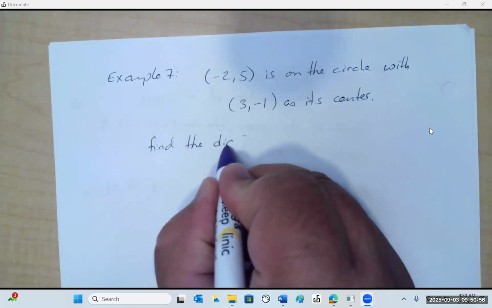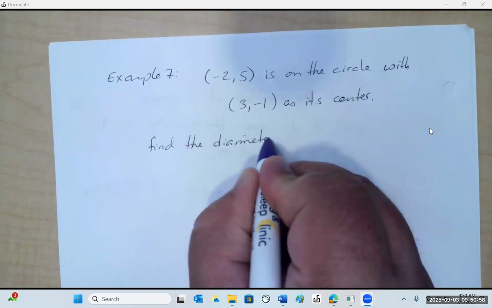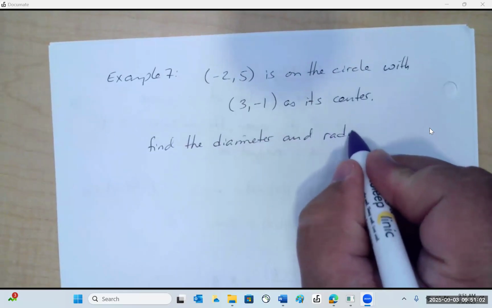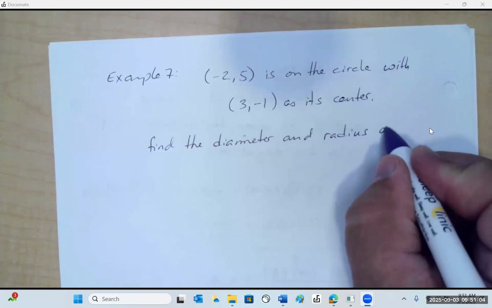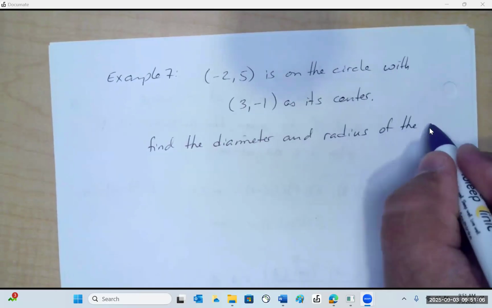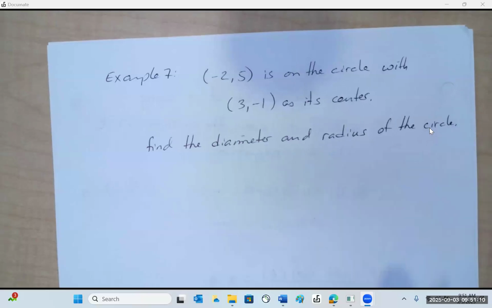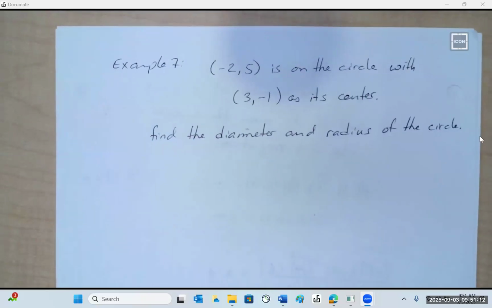Find the diameter and radius of the circle. I took a little bit of liberty on this question because it has a lot of stuff we could do to it.